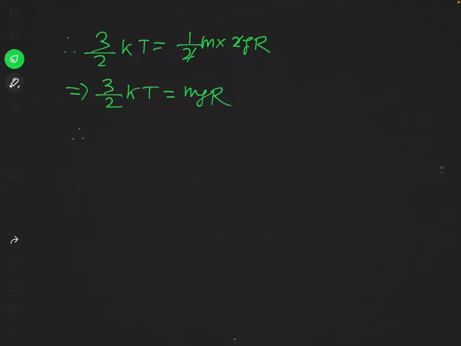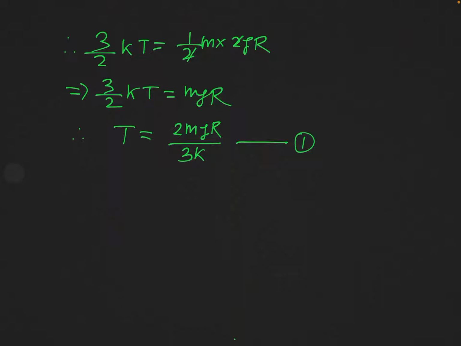Now you can calculate the temperature needed for escaping the molecules of the gas. So T will be equal to 2mgR over 3k. Let us say this is equation 1. This is the result from which we can solve our problem, that this temperature T is needed for escaping of a molecule of gas from the surface of the Earth.